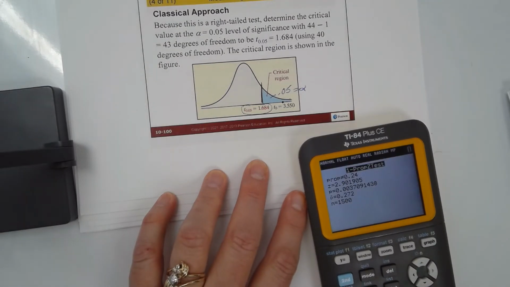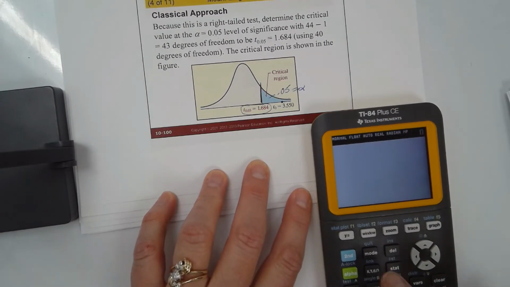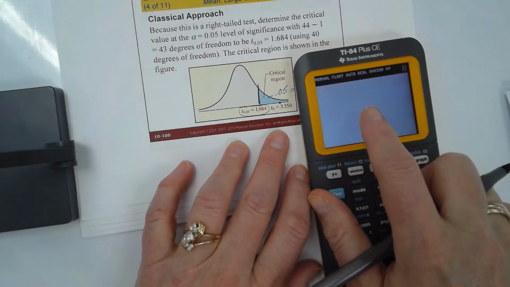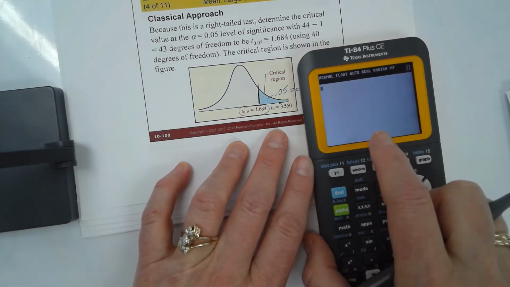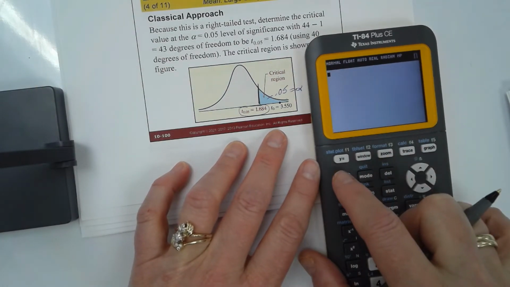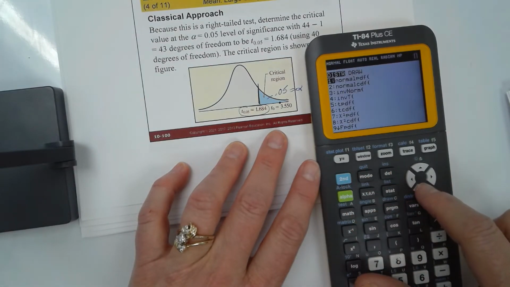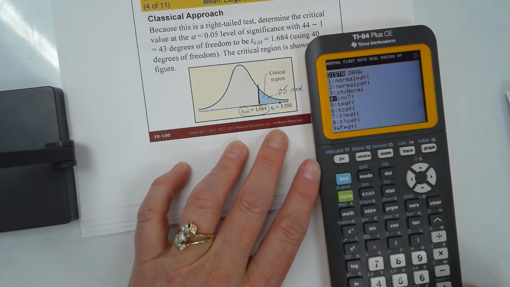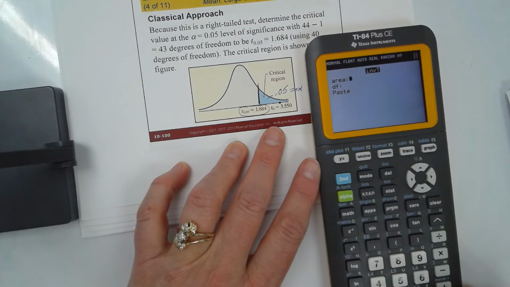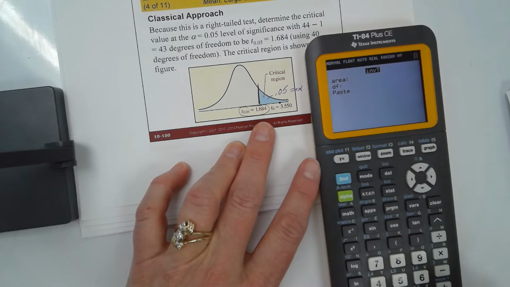You can also use your calculator to find that if you have a TI-84 Plus CE. Not all calculators have this on it, so you can use the table if not. Use second distribution, go to inverse T, and then put the area.